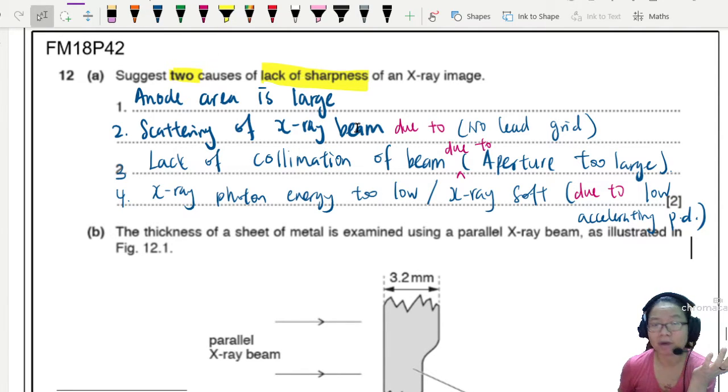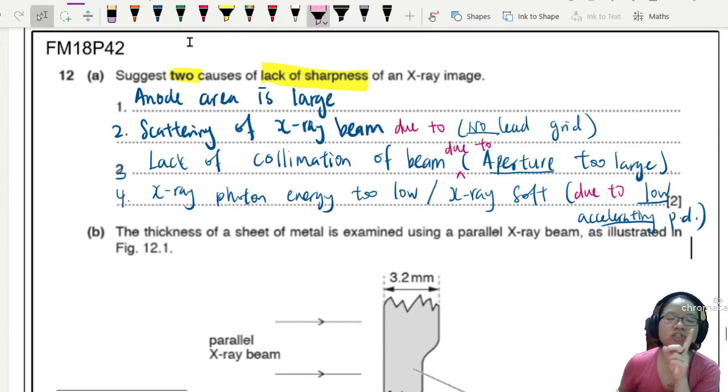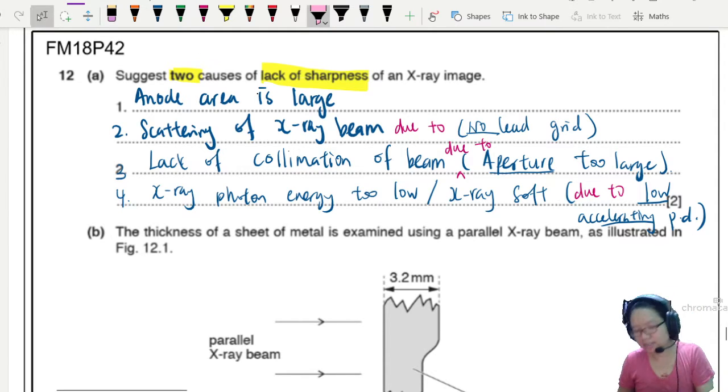You can complain about the X-ray, you can complain about the experimental setting. So everything at the back here, no lead grid, aperture too large, low accelerating potential, all this is the setup problem. If they say suggest 2 causes in the setup of the X-ray beam or the experiment, then you will write this in the bracket 1.